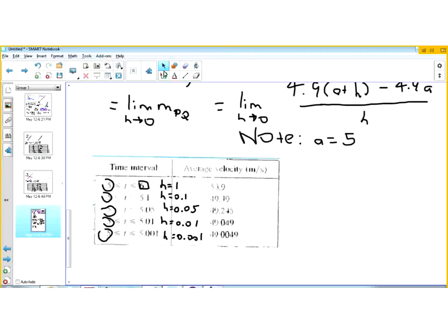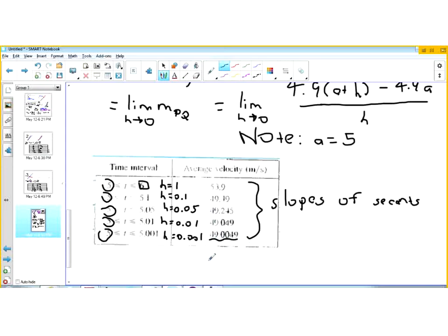The pattern of H's is approaching 0, and at each step of the way, we recalculate the slope of the secant line. So these are slopes of secant lines. Right? And look at the pattern of numbers. Can you surmise what the slope of the tangent line would be, which would be your instantaneous velocity?